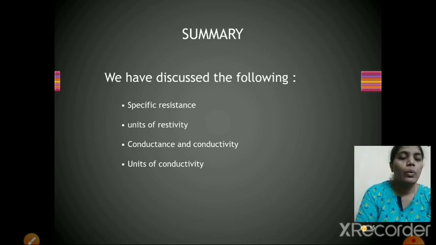Sigma is equal to 1 by rho. As I have written the expression for rho as R into A by L, the reciprocal of that is L by R into A, which is the expression for conductivity.